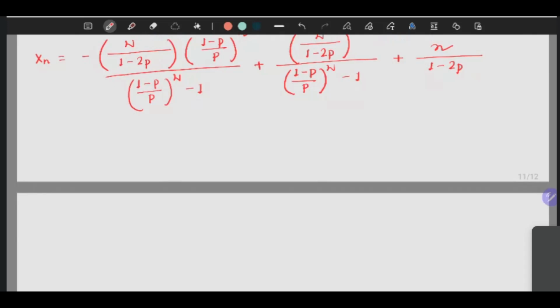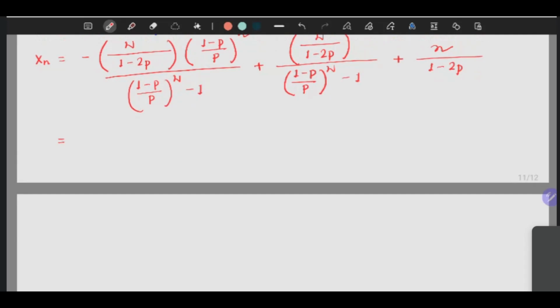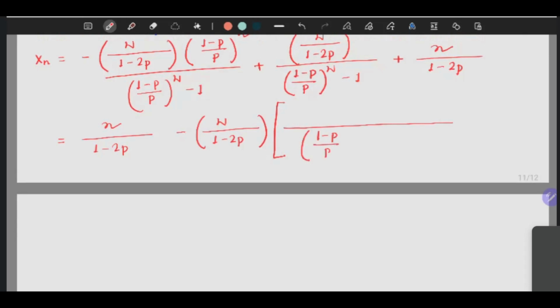So you can write n by (1 minus 2p) minus w by (1 minus 2p) is equal to ((1 minus p) by p) to the power w minus 1 into ((1 minus p) by p) to the power n minus 1.